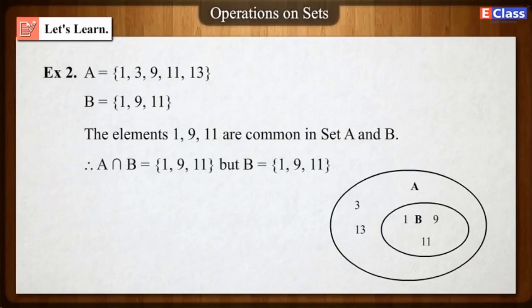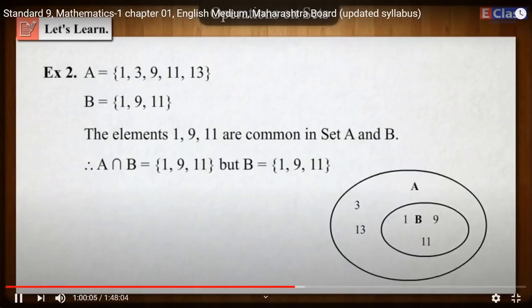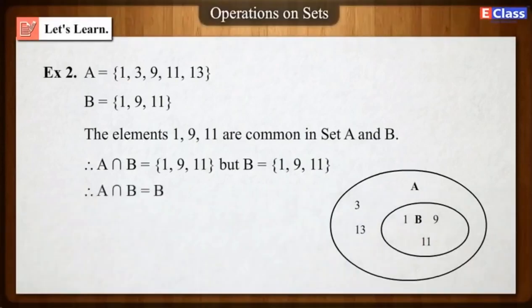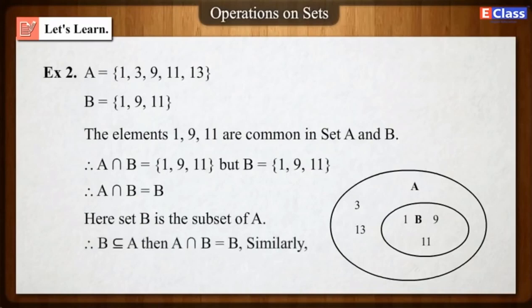But B is equal to {1, 9, 11}. Therefore, A intersection B is equal to B. Here, set B is the subset of A. Therefore, if B is a subset of A, then A intersection B is equal to B. Similarly, if B intersection A is equal to B, then B is a subset of A.